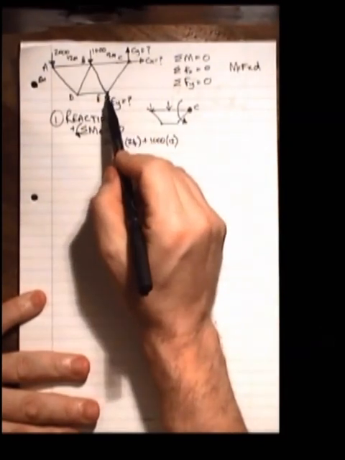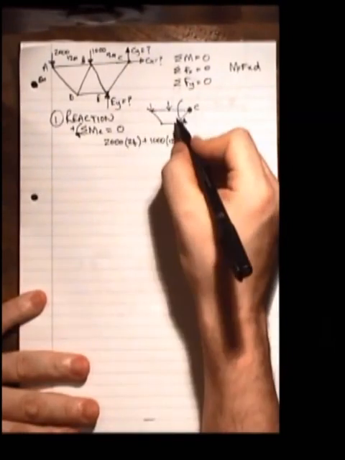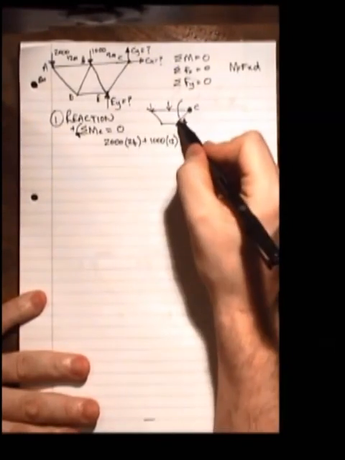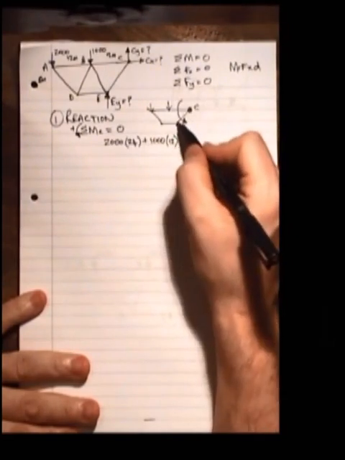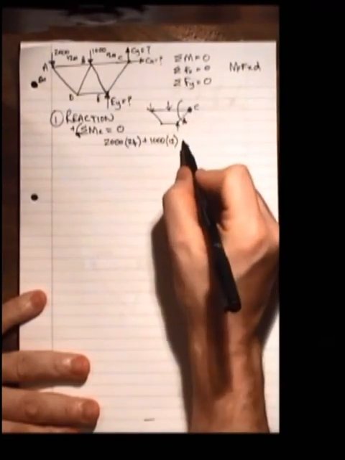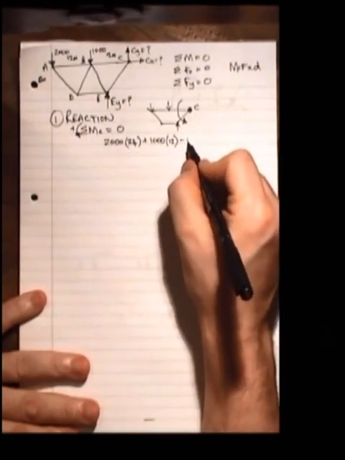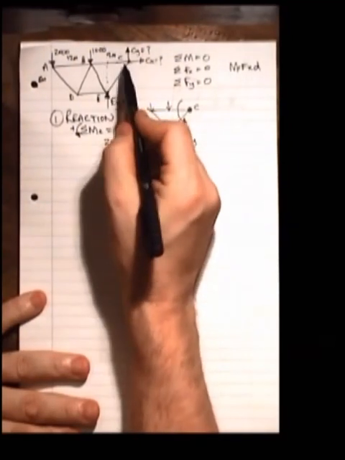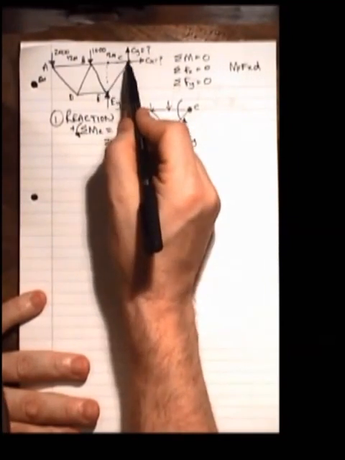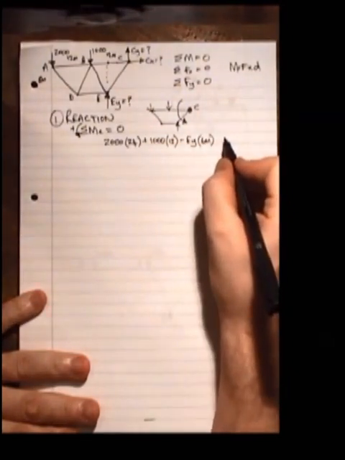Next we have AY. Now AY is pointing upwards, and it would be sending our truss around C in a clockwise direction. So it's going in a minus direction, AY, and the perpendicular distance from point C is halfway along there, so that's 6 meters.